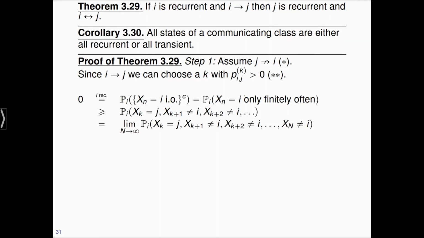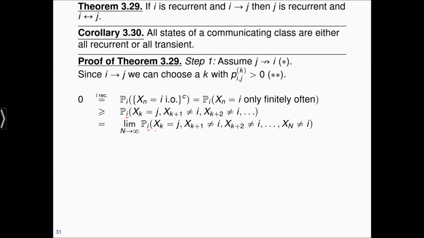Now, for technical reasons, I'm writing this as the limit, capital N tending to infinity, of the probability that I start at I, at time k I visit J, and then I don't see I up to time N, and N tends to infinity. This is just the property of the probability measure of continuity from above.